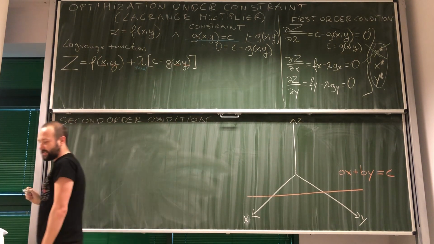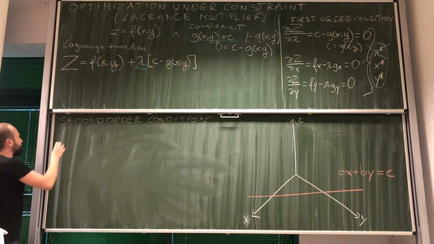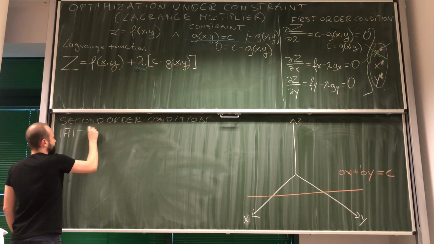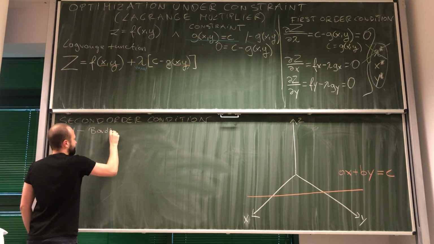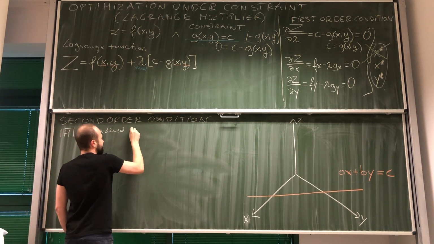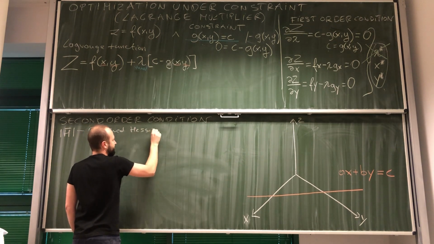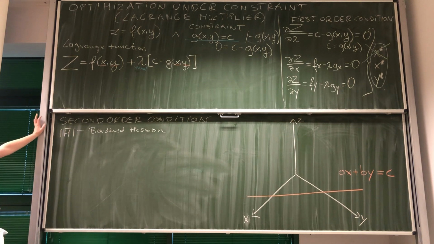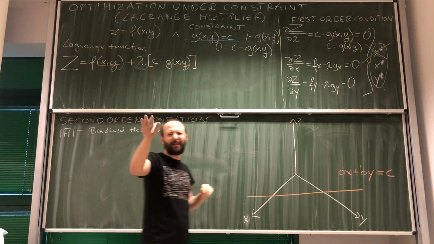And we calculate something that is called the bordered Hessian. Okay, so it's called the bordered Hessian because it's like a regular Hessian but with some additional elements. Actually, the name I'm going to explain to you a little bit later.